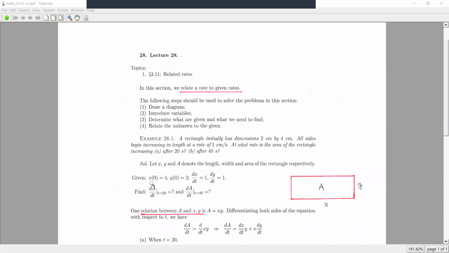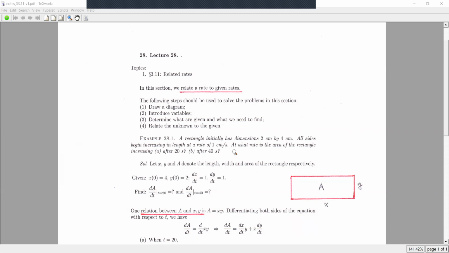After we get the derivative, plug in 20 in the derivative. Then we have the derivative at 20. The derivative at 20 is the increasing rate of the area after 20 seconds.